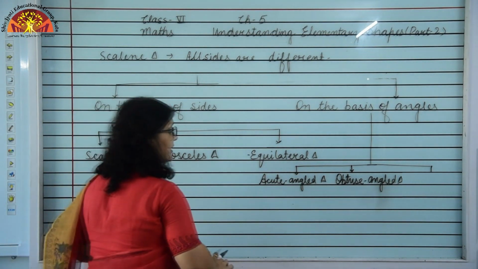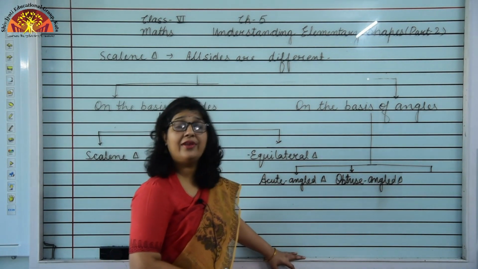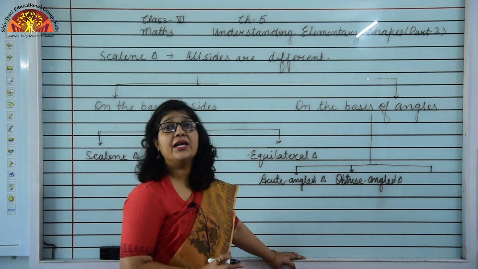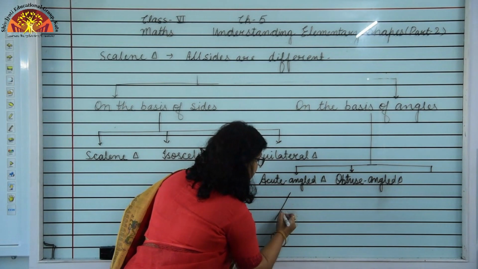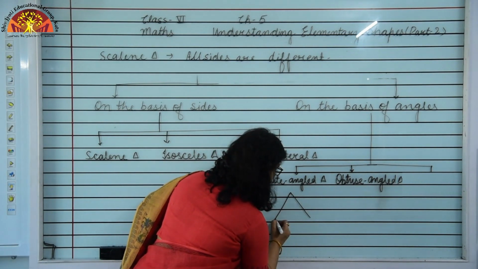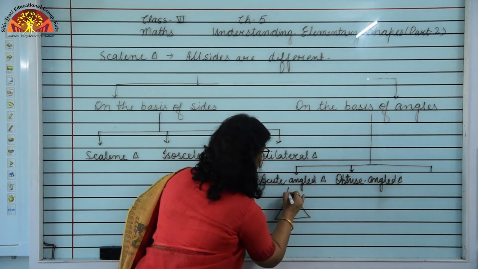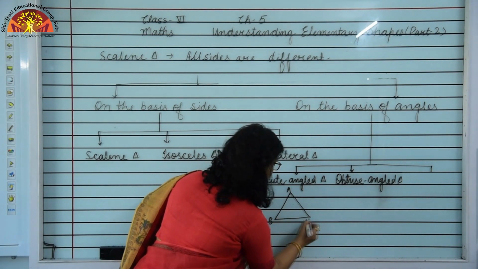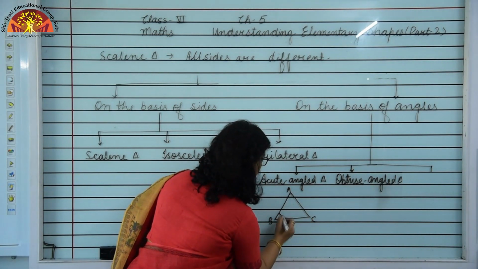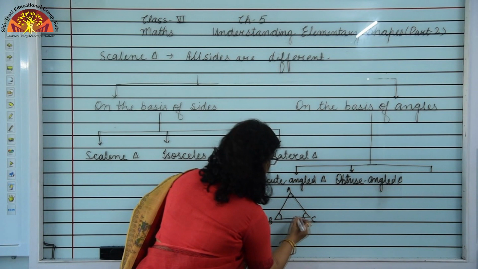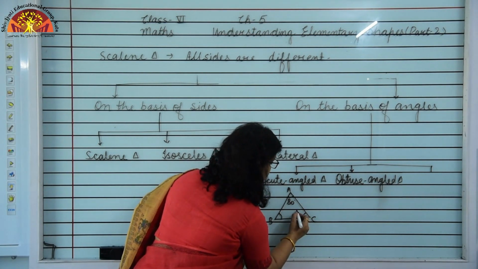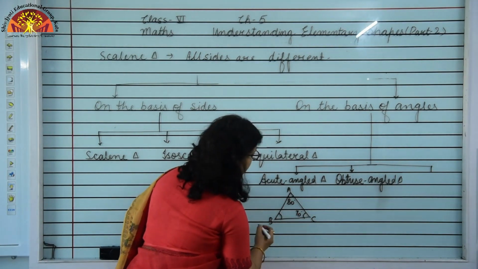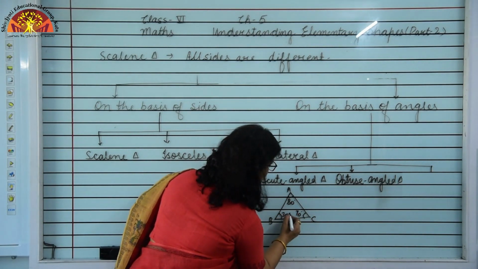The name tells you, right? Acute angle triangle means all angles are acute in this triangle. Acute means less than 90 degree. You know about it, what is an acute angle? Understood? Suppose this is 80 degree, this is 70 degree and this is 30 degree angle.